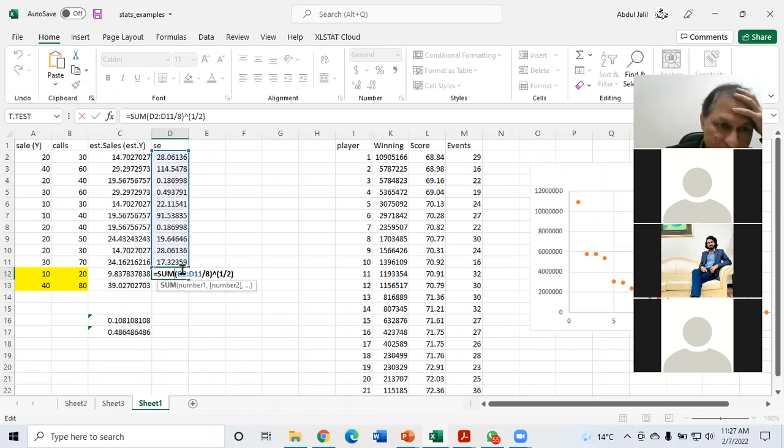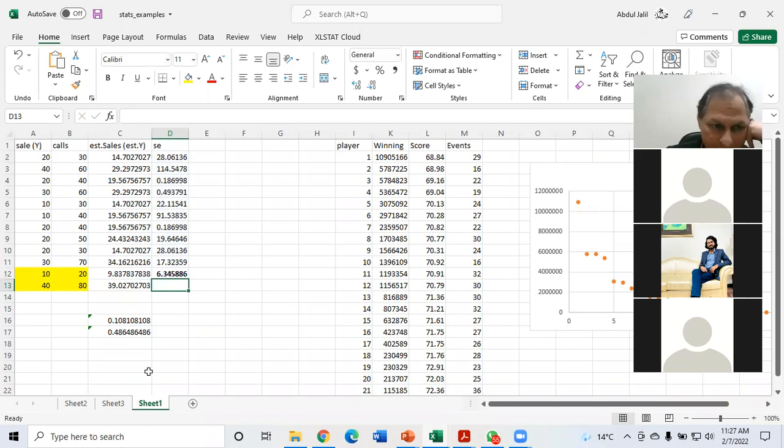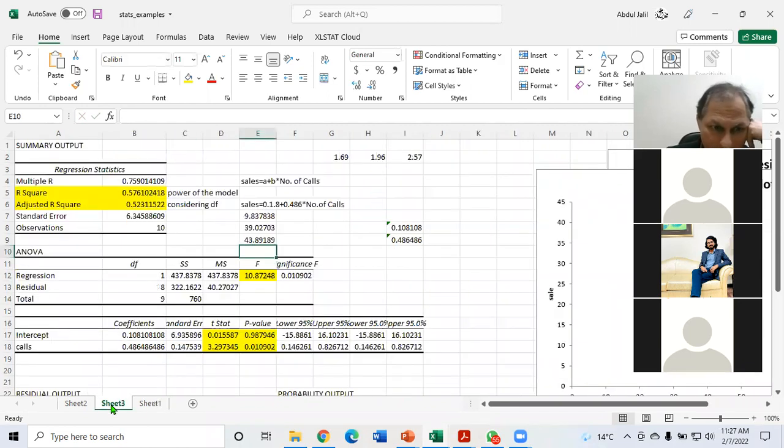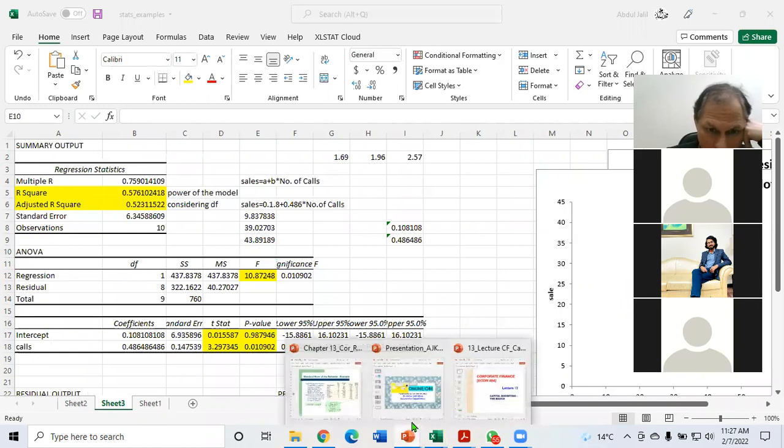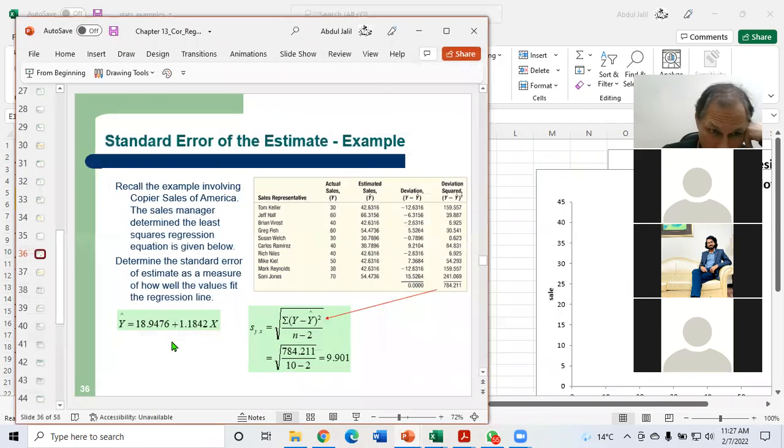Sum of all these values divided by the degree of freedom, and then taking the root. Its answer is 784. The sum of this y minus y hat square is 784.